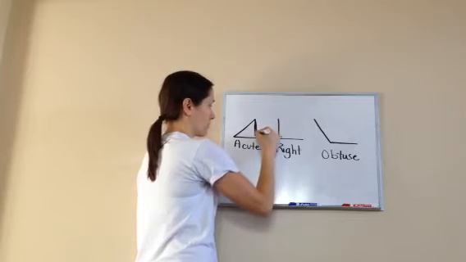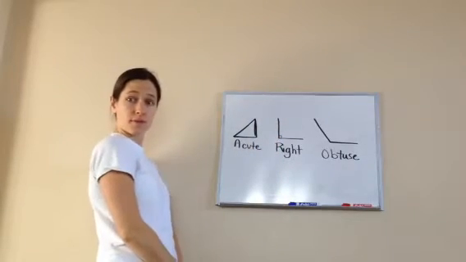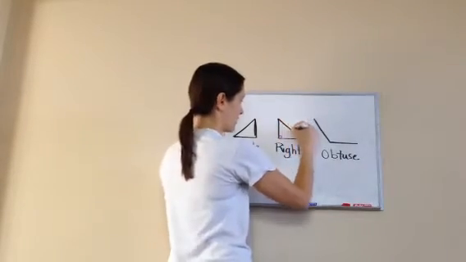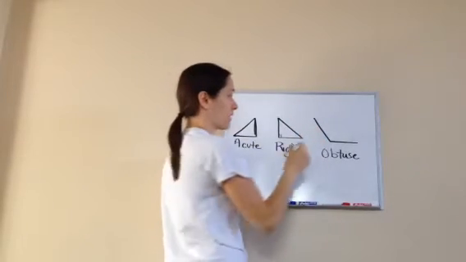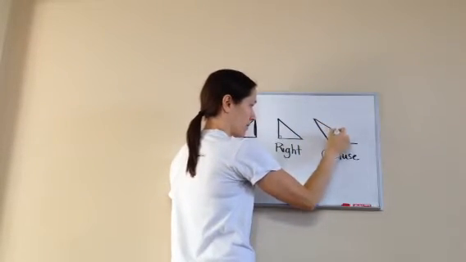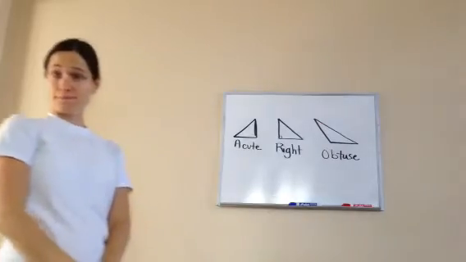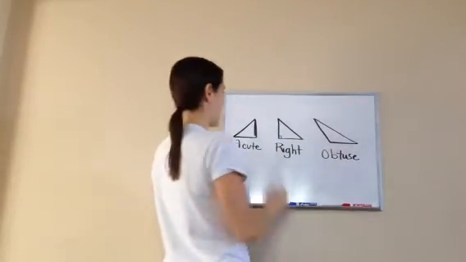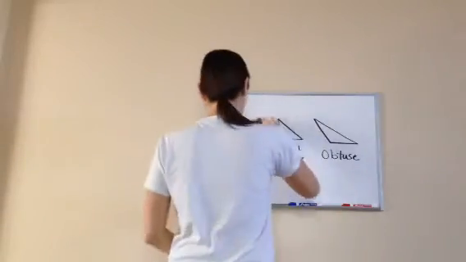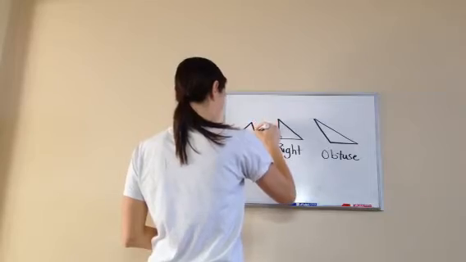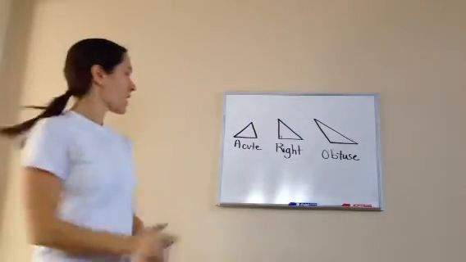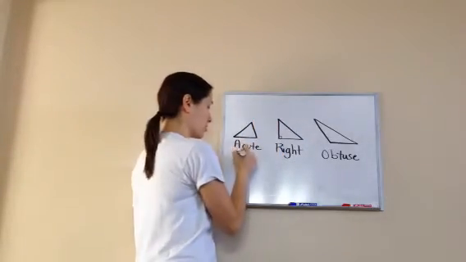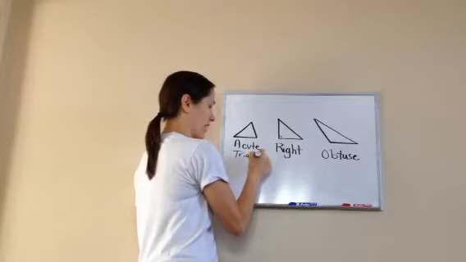Oops. Okay. Now what I want you to understand, Eli, I'm going to erase this one and fix it. I messed that one up. Okay, you see that? This one is called an acute triangle.